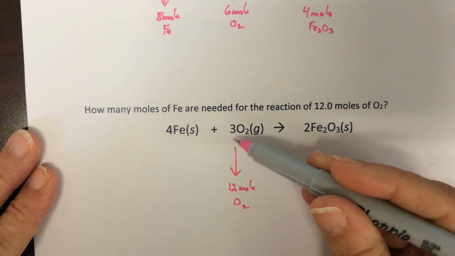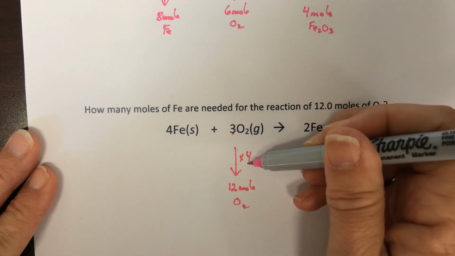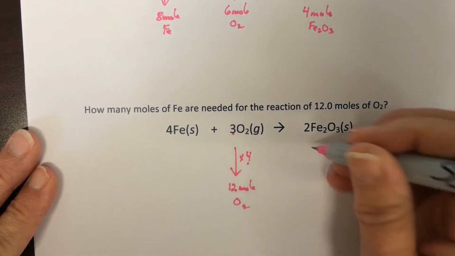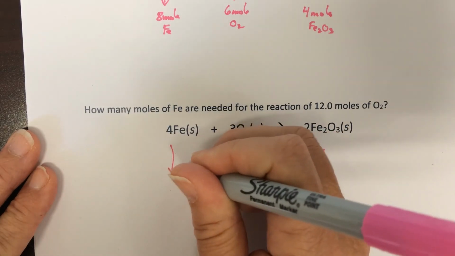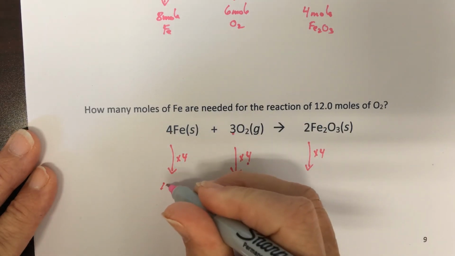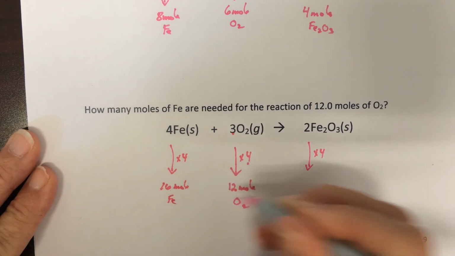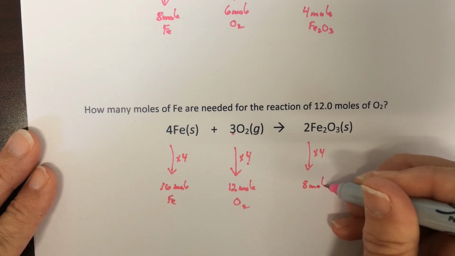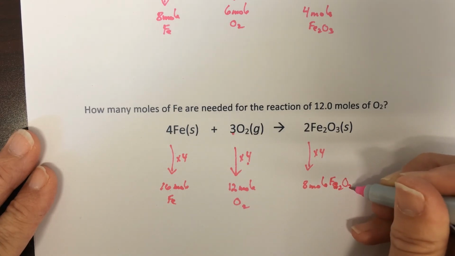If I multiply 3 by 4, 3 times 4 will give me 12. But if I do that, I need to do that to all of them. 4 times 4 will give me 16 moles of iron, and 2 times 4 will give me 8 moles of iron oxide.